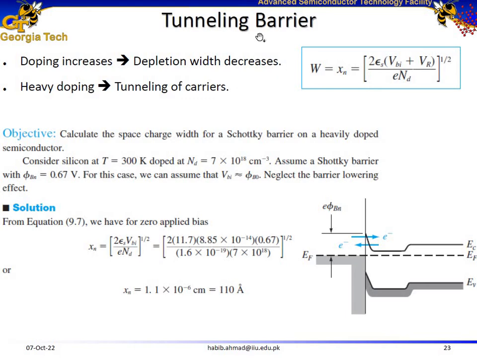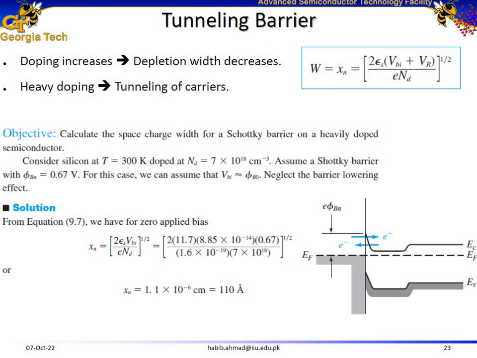A tunneling barrier. We discussed the topic of tunneling in one of the previous lectures, and as I told you, tunneling actually happens under heavily doped conditions. What is a heavily doped condition? If the carrier concentrations are above roughly 5×10^17 per centimeter cubed, it's heavily doped material.